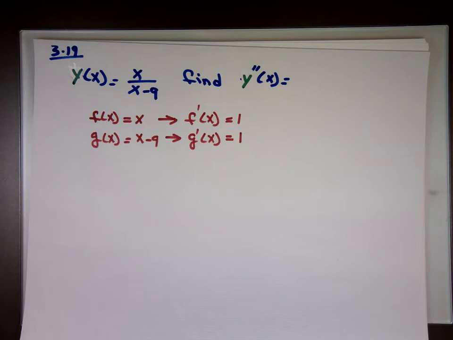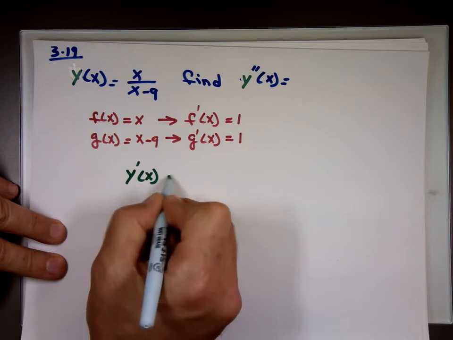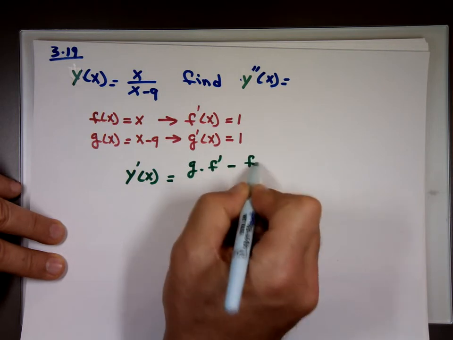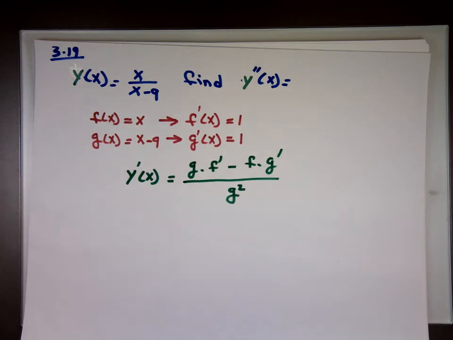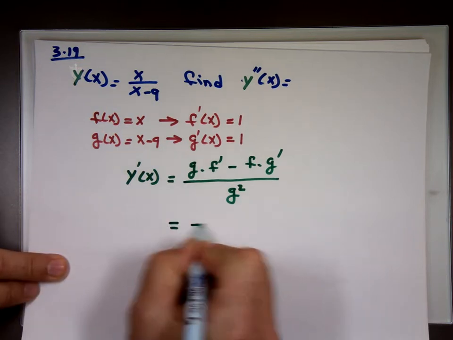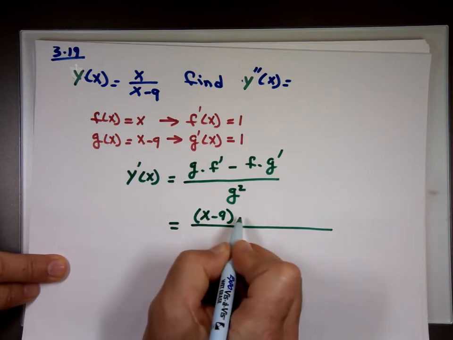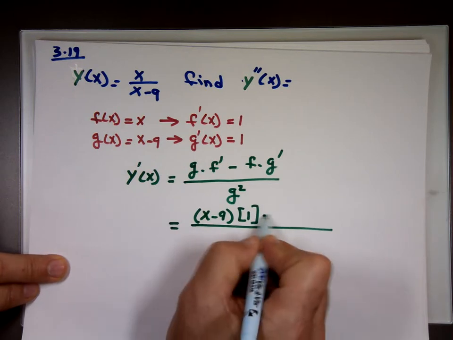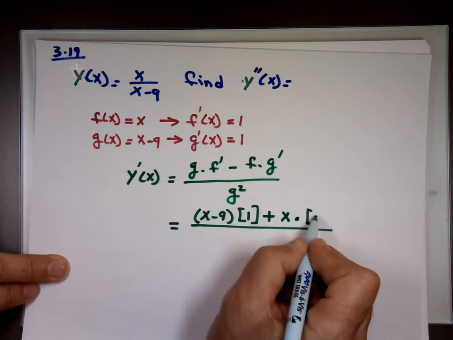Quotient rule. So I got to find the first derivative first. What is y prime of x? G times f prime minus f times g prime, all divided by g squared. X minus 9 times f prime plus f, which is x, times g prime, which is what? 1.